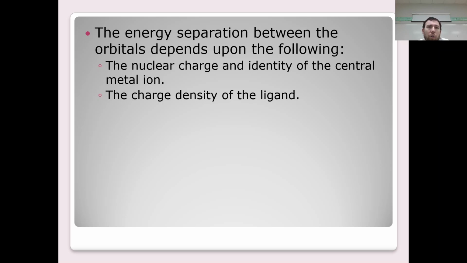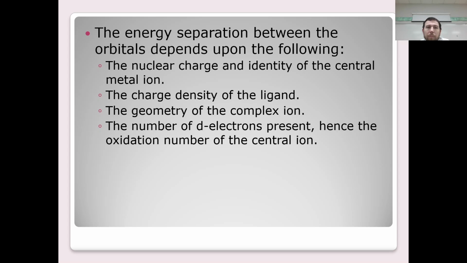You know, how much charge is situated around our ligand that's approaching our metal ion. The shape of the complex ion is going to determine a lot of that energy separation between the d orbitals. And then the number of d-electrons present within your transition metal, and thus the oxidation number of the central ion, are going to be key in determining the energy separation between those d orbitals.